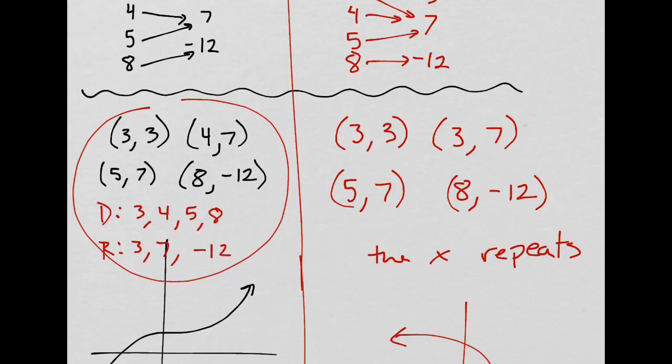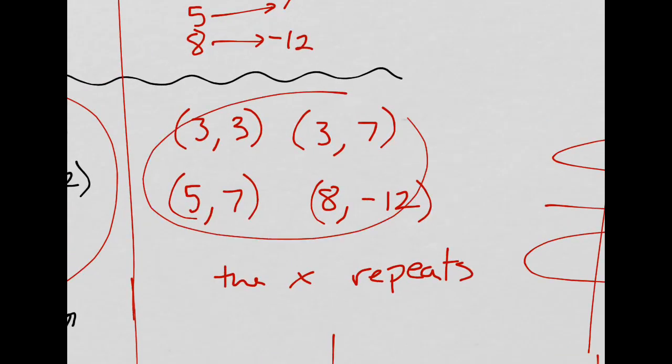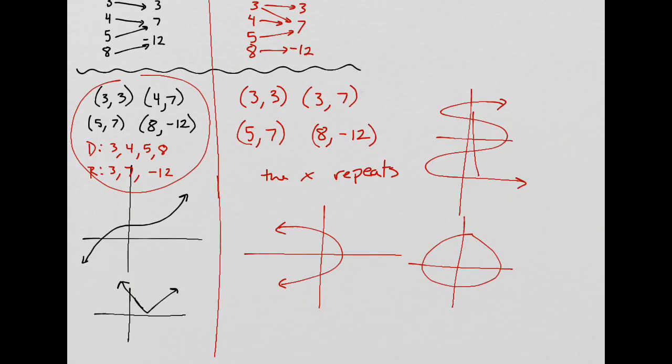When you're writing down domain and range, you don't need to repeat. It's just the convention that we follow. Here, the domain would be 3, 5, and 8. The range would be 3, 7, and negative 12. Same thing, except this is not a function, so it's the domain and range of a relation, but we don't need to get into that. All right, I'm done with this one.